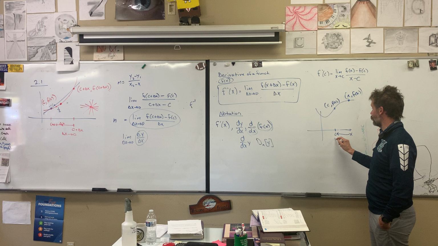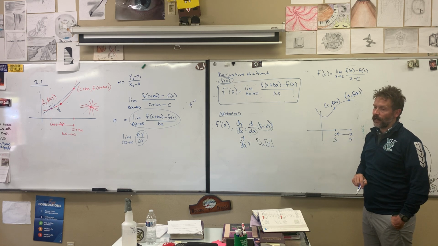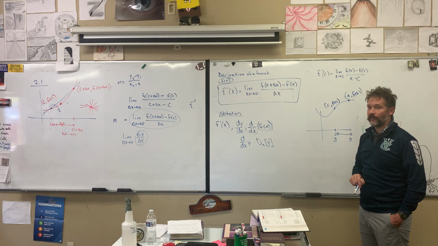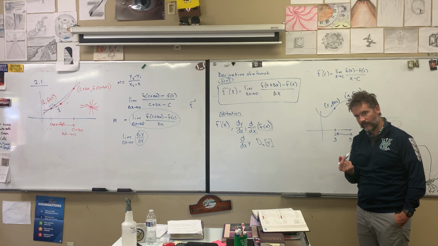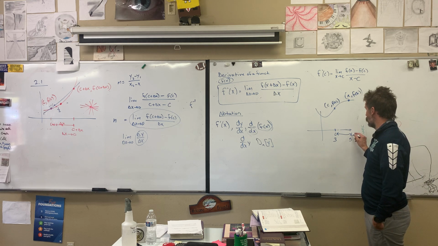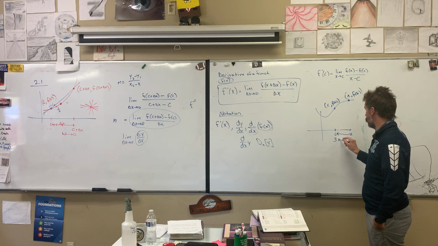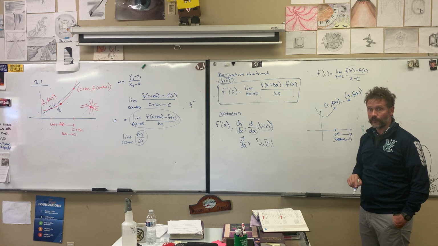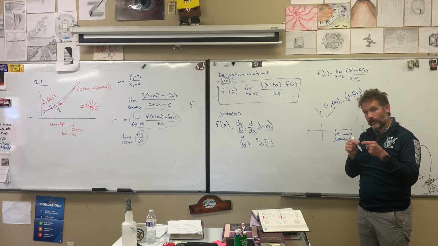So if c was 3 and x was 5, you would not be saying that 5 is going to 0, because you're not talking about the change in x, but x is getting closer as it moves. It goes to 4, then 3.8, then 3.2, getting infinitely close to 3. So your x values are getting infinitely close to each other.